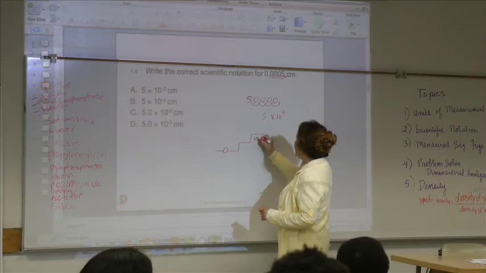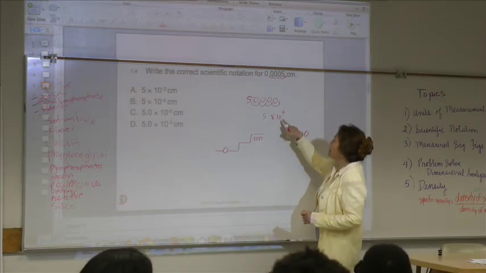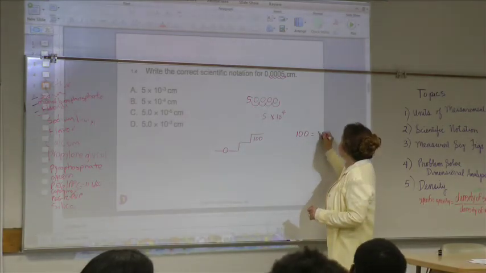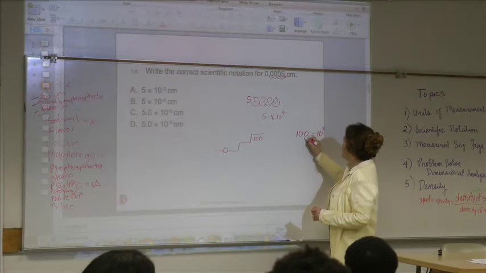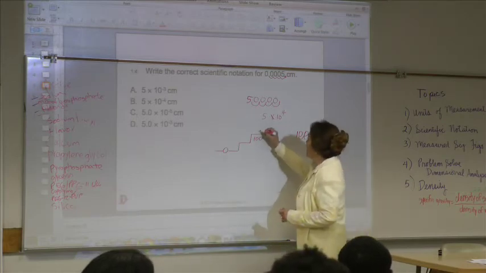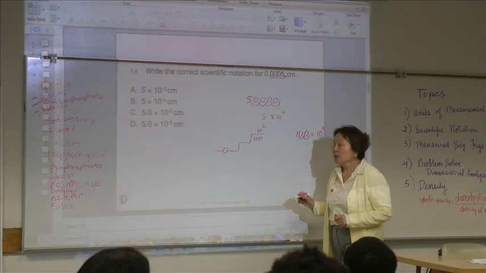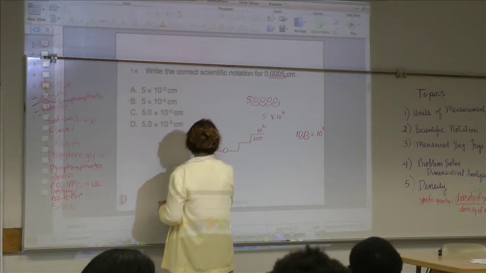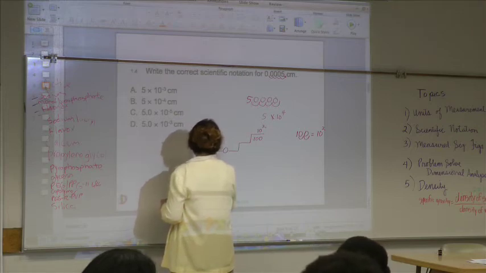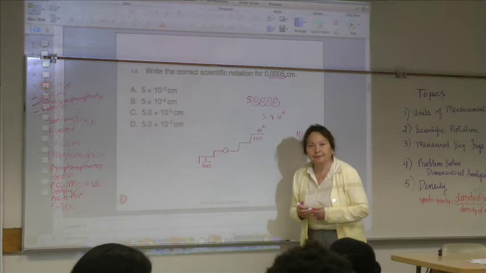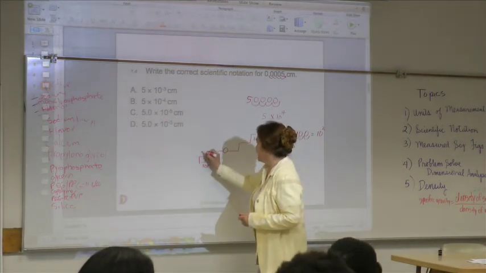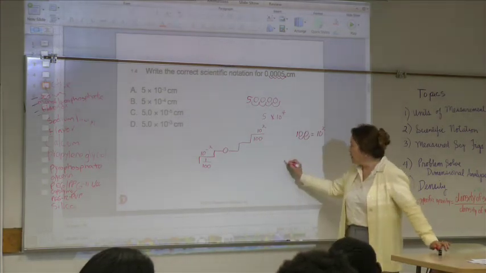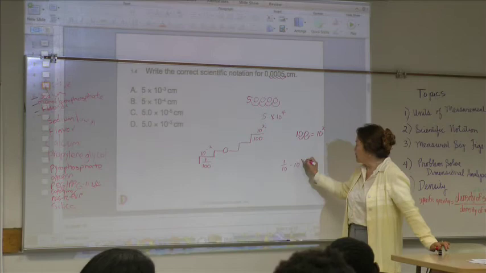If I put 100 here, what would it be in scientific notation? 10 to the second power, right? What about 1/100? 10 to the minus 2. There you go. You have to think of it like that. So 1/10 is 10 to the minus 1.